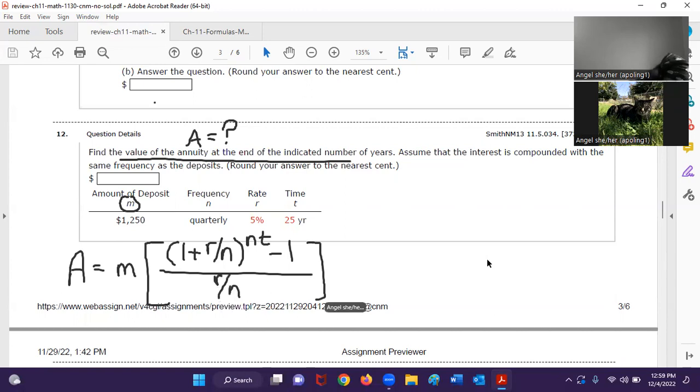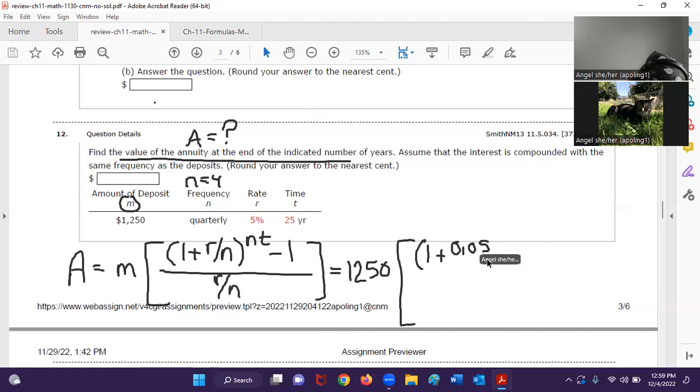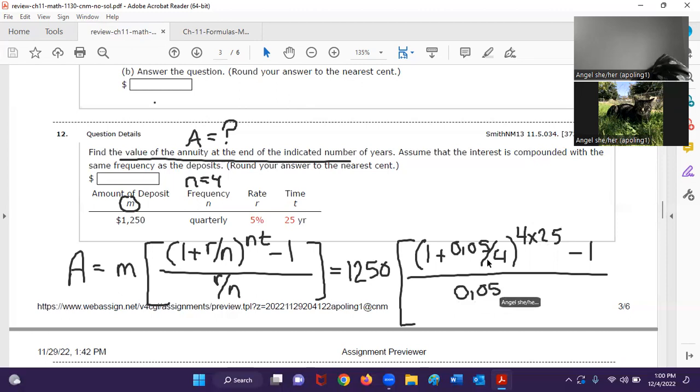N is 4 because we have interest being compounded quarterly. And otherwise, you just plug and chug 1250 times quantity 1 plus 0.05 divided by 4 raised to the power 4 times 25, take away 1, divide by 0.05 divide by 4.